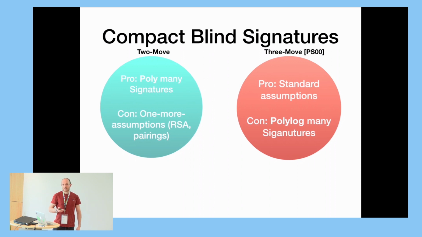And it turns out that this is actually optimal. If you issue more signatures, then you can show an attack on this. But it doesn't mean that these signatures are useless. You can use them as building blocks for more complex schemes, and so it still makes sense to consider them.